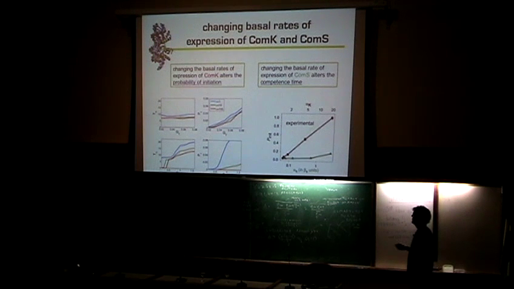What the basal level of ComS does, I don't have it here, but it's in the biology paper too. This increased level of basal expression of ComS is going to give you longer cycles. And a larger basal expression of K will not affect the length of the cycle.